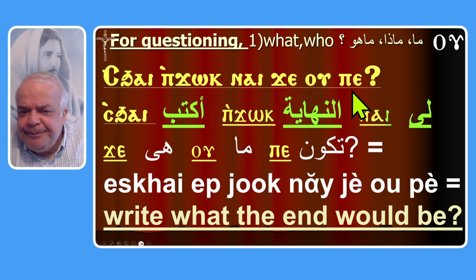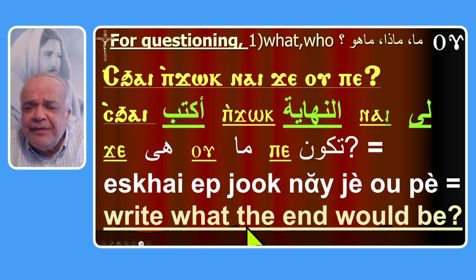What is it? So the question would be, write what the end would be. You see? Write is Eschai. The end is Ebgok. Here he didn't say for me, which is Nai. J is the word would.